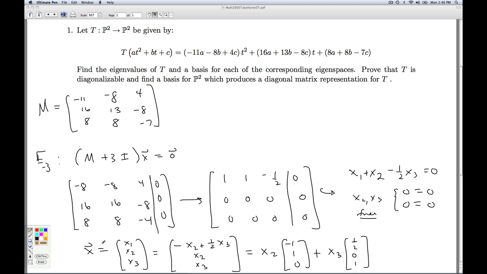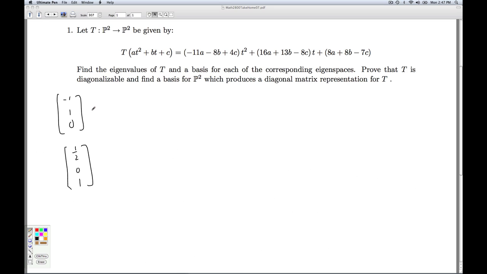So any solution to this equation is in the span of these two vectors. These two vectors are linearly independent because I have a 1 here but a 0 there, and a 0 here and a 1 here. So these two vectors constitute a basis for this eigenspace.